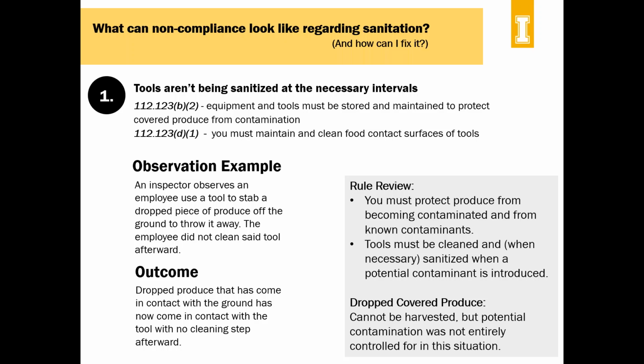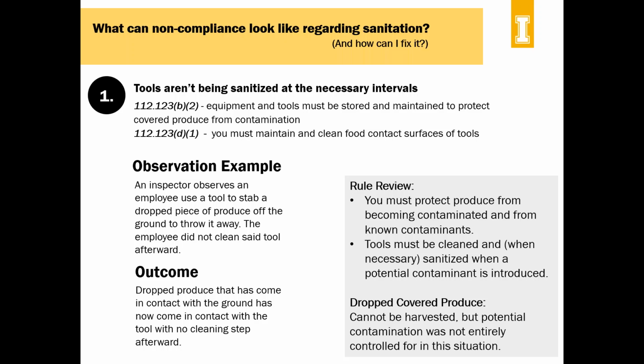So essentially what the rule talks about with this is that it is your responsibility to protect produce from becoming contaminated. And so what that means is just being aware of the different sources of contamination and then not allowing those to become something that may affect your produce.